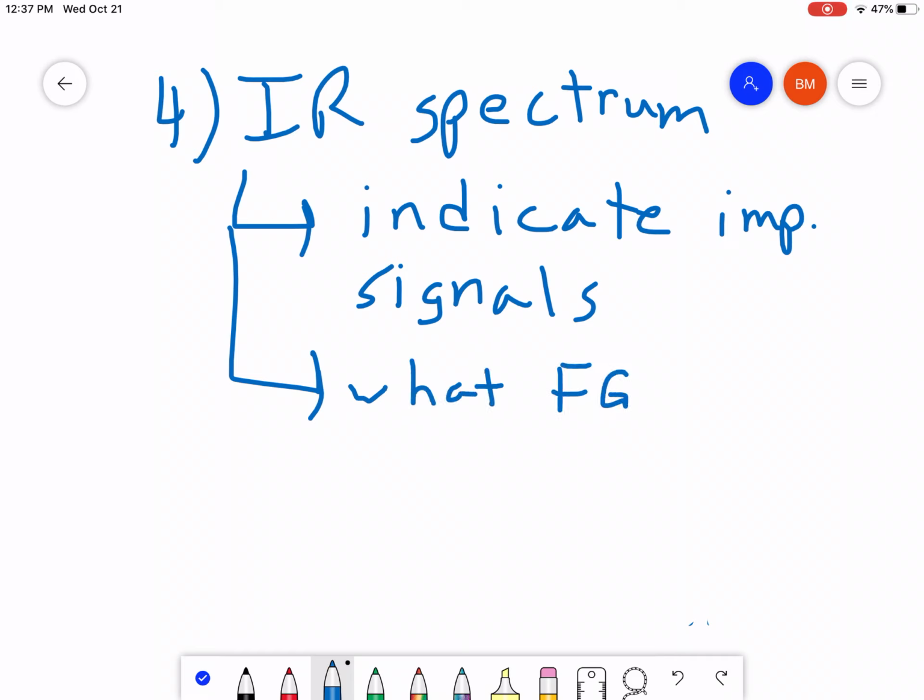And tell me, in turn, what that indicates about functional groups that you think are present. Okay? Compare your results in the IR spectrum to your target compound. You know the structure of your target compound. Does that match up with the target compound? Were you able to successfully synthesize it according to the spectrum? Were you not? Tell me what you see. Okay?